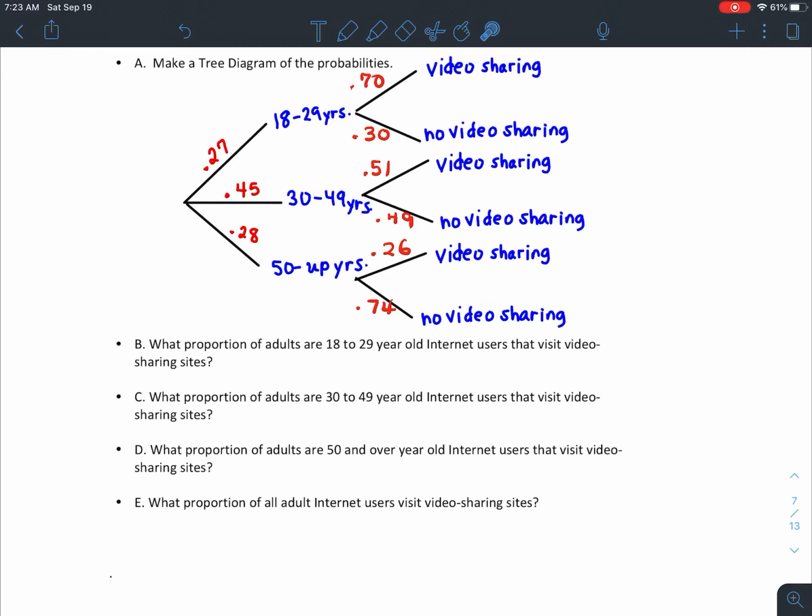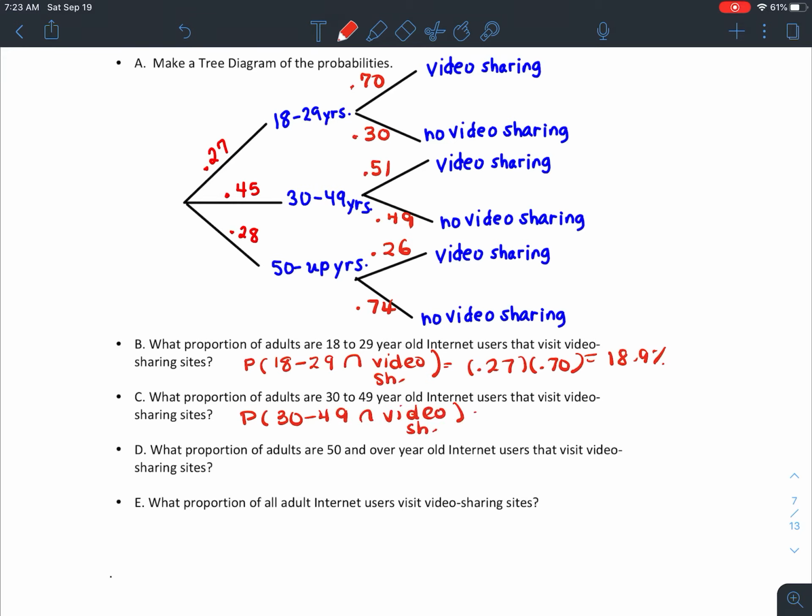What proportion of the adults who are of the age 18 to 29 visit the video sharing site? Okay, so we are looking at what is the likelihood that you're 18 to 29 and you participate in the video sharing site. That would be multiplying through the branches, giving us 18.9%.